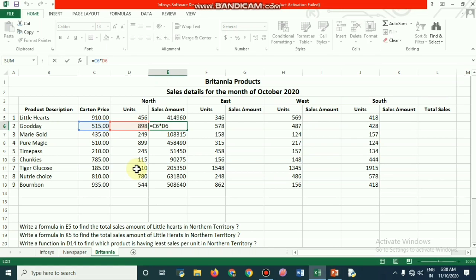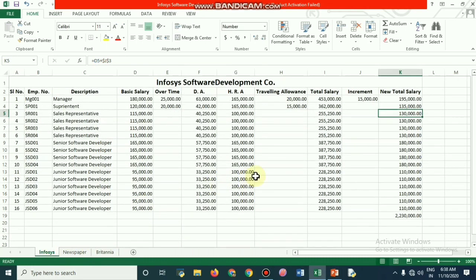In your textbook, page number 40, you could see the definition of all the three: relative cell referencing, absolute cell referencing, and mixed cell referencing. In the second example of emphasis, the increment is constant, and here your formula need not change accordingly.